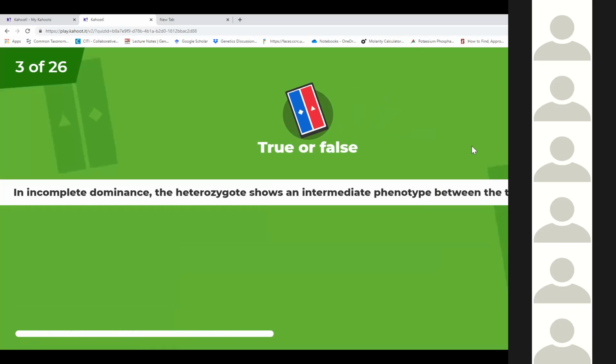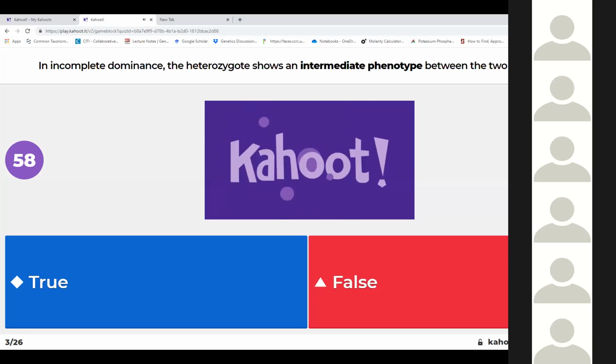In incomplete dominance, the heterozygote shows an intermediate phenotype between two homozygotes.